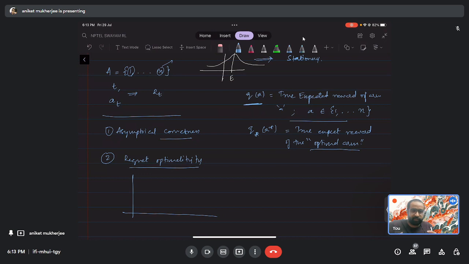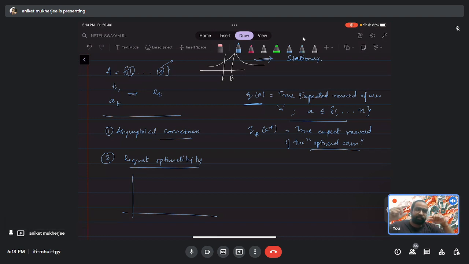You have a solution which says that if I pull this arm, then maybe I get the maximum expected reward. Now you plot the expected rewards of your algorithm, and you check how far away you are from the optimal expected reward.